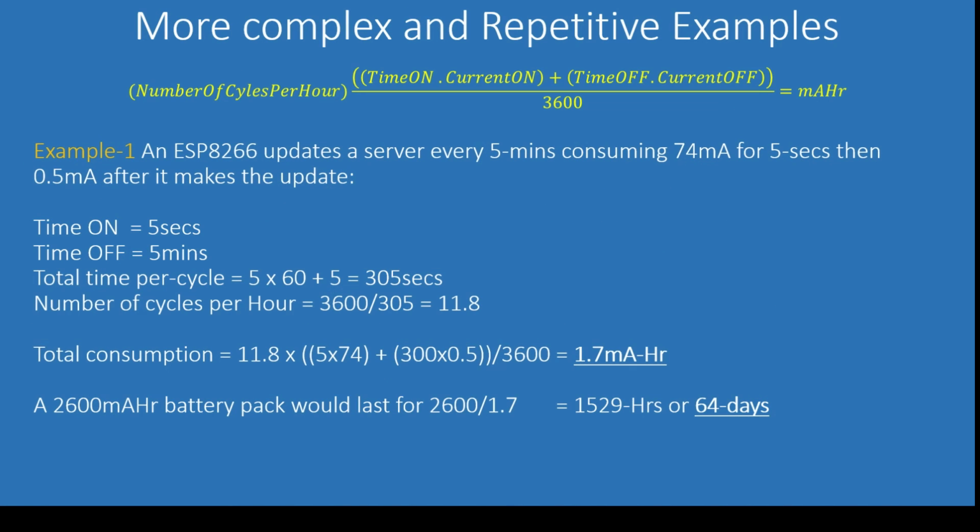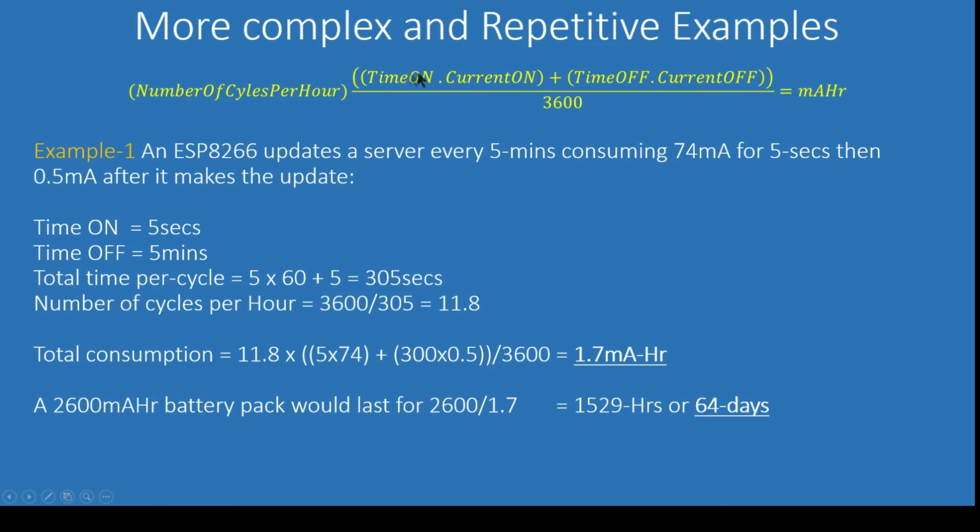Now in reality, the current consumption is much more complex, more repetitive. It takes 74 milliamps, goes to sleep for 5 minutes, takes 74 milliamps, goes to sleep for 5 minutes, and does that throughout the reference hour. To determine that, there's a slight modification to the formula, which is the number of cycles that occur in 1 hour.